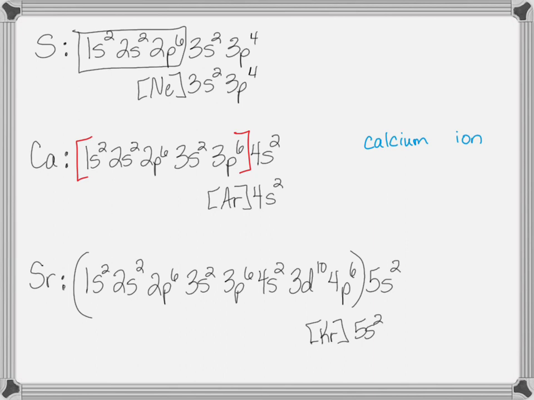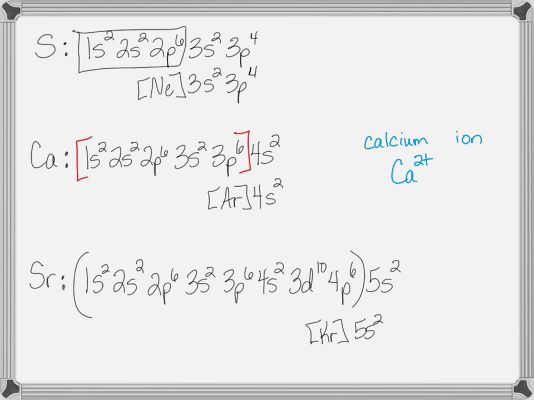Positive 2. How do you know it's plus 2? It's in group 2. So when I say calcium ion, this is what I mean: Ca with a plus 2 charge. This is calcium on the left, calcium ion on the right. What has to happen to get from here to here?